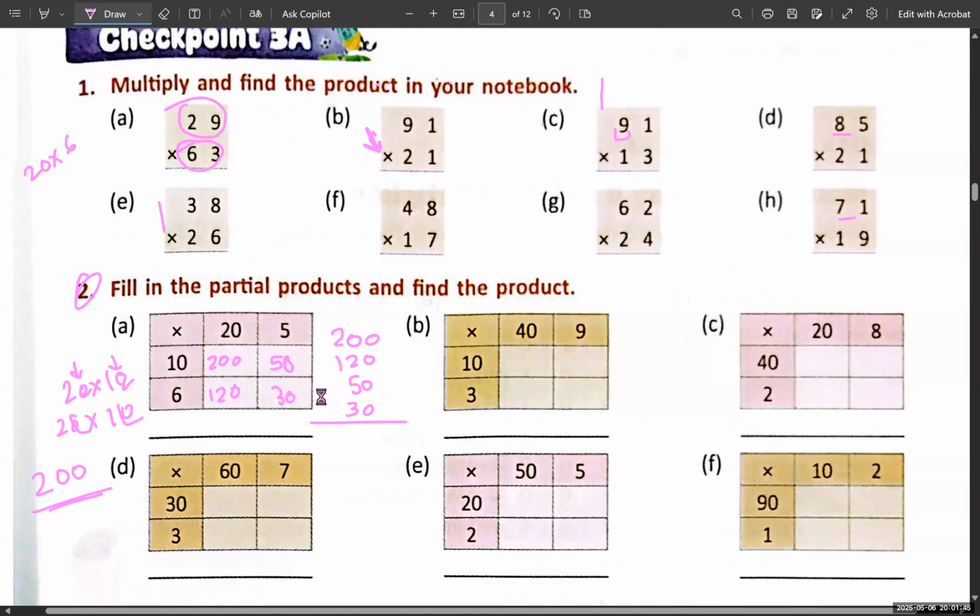Yes. Continue. If we add 200 and 120, it will be 320. Okay, 320 then.